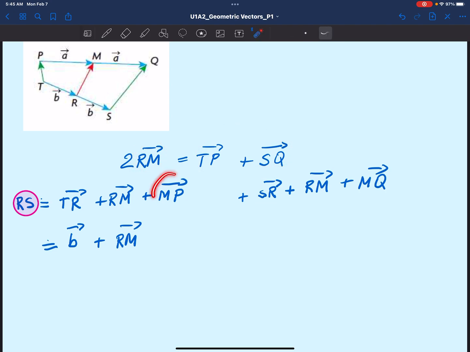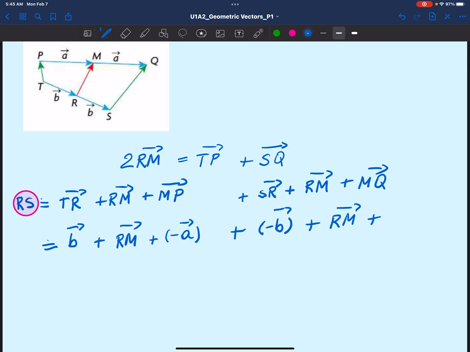Now the next term is MP. So vector MP is the opposite of vector A. So we'll write plus negative A. Vector SR, here is SR, is the opposite of vector B. RM can stay in the expression. And MQ, which is vector A.